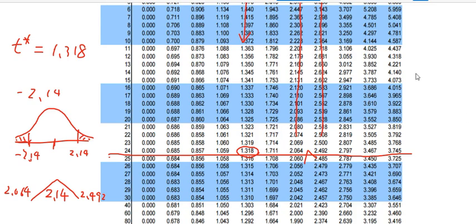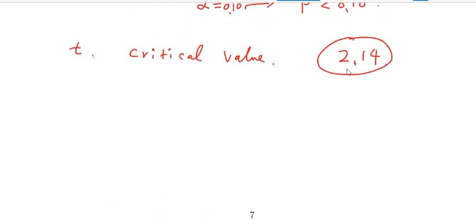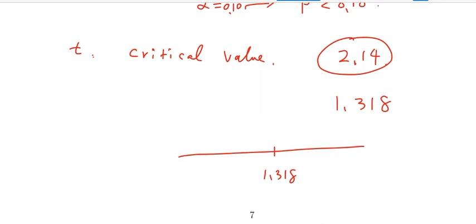So let's go back to here. To judge whether this number is big or small, we just compare with this critical value. We use this number to judge a given number. If the number falls here, it is a small number. If the number falls here, it is a big number.